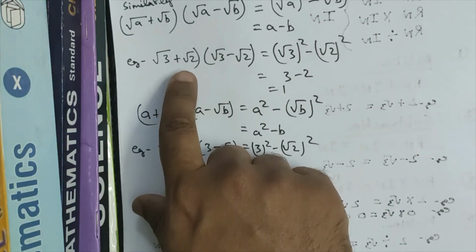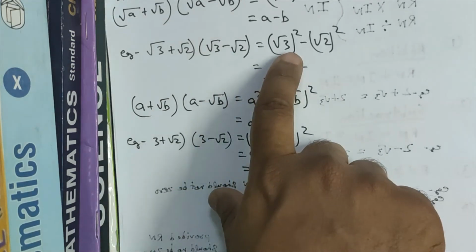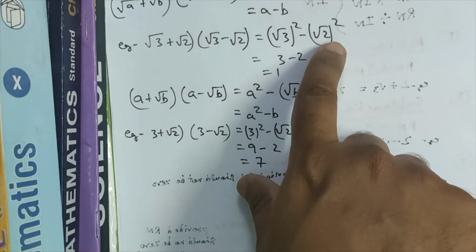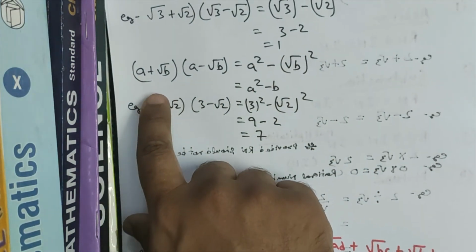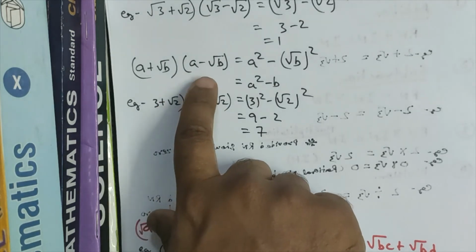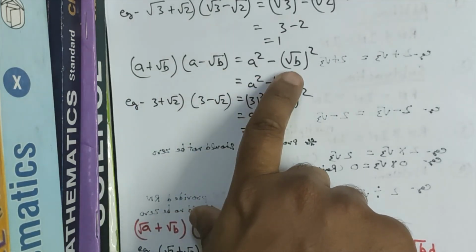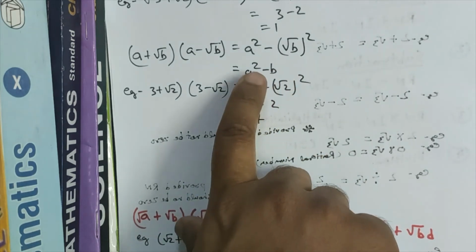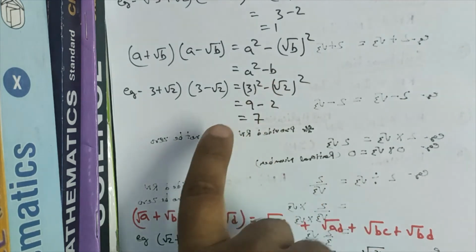Root 3 plus root 2 multiplied by root 3 minus root 2 is square of root 3 minus square of root 2, that is 3 minus 2, equal to 1. Similarly, if we take a plus root b into a minus root b, then it is square of a minus square of root b, so it will be a square minus b.